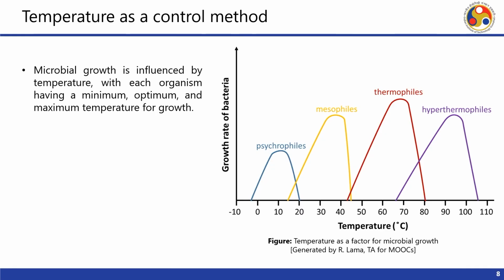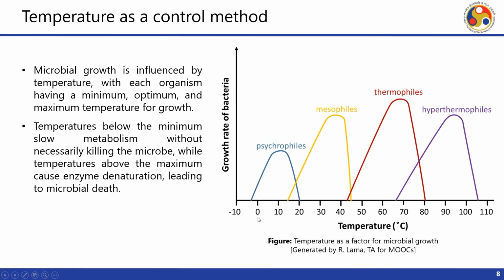Microbial growth is influenced by temperature, with each organism having a minimum, optimum and maximum temperature for growth. Here in this graph you can see the distribution of microorganisms according to the temperature they prefer to grow. For example, you have psychrophiles which grow from sub-zero temperature to around 20 degrees centigrade.